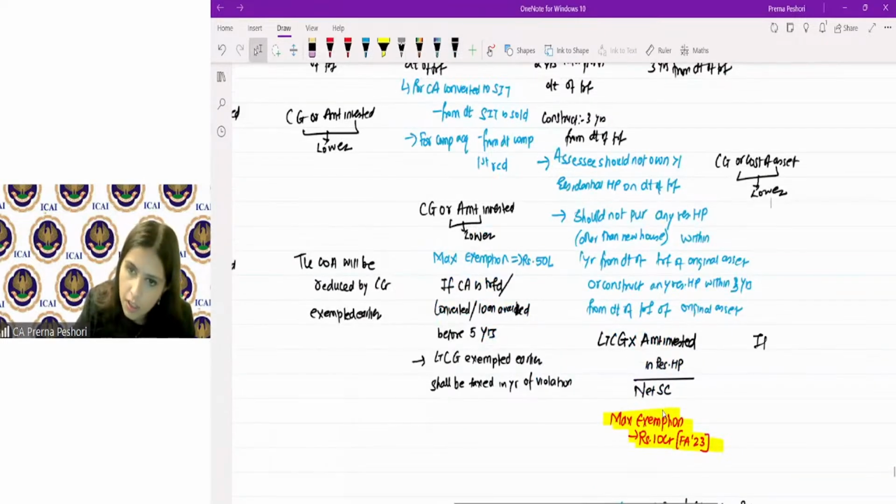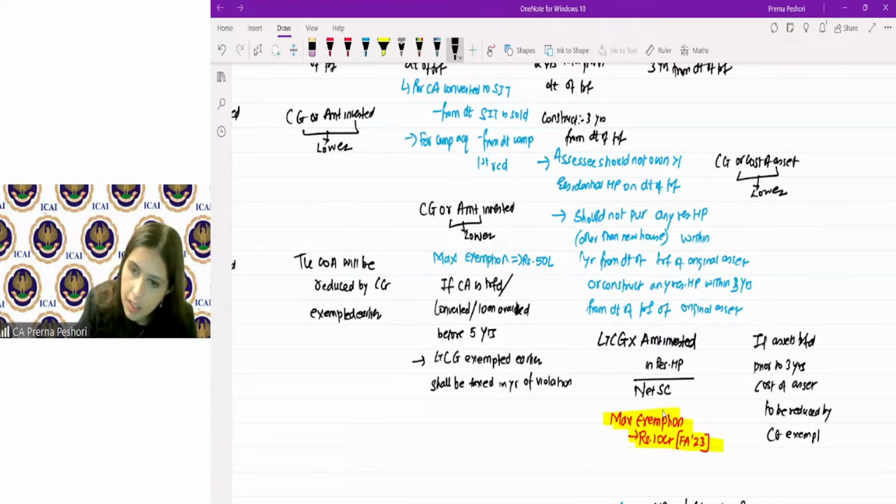So if assets are transferred prior to 3 years, then the cost of asset is to be reduced by the capital gain exempted earlier. Fine.